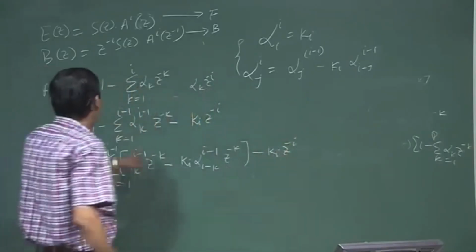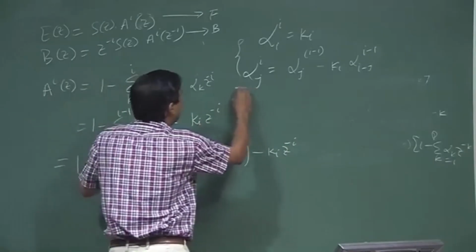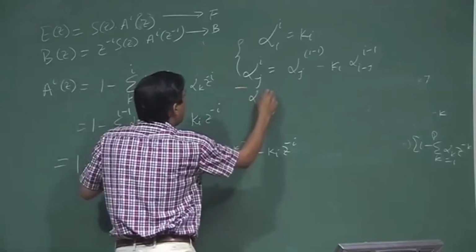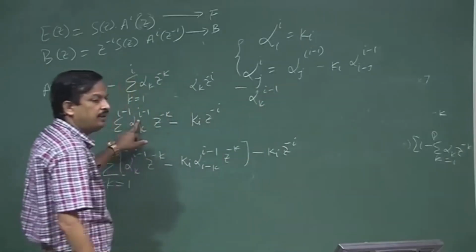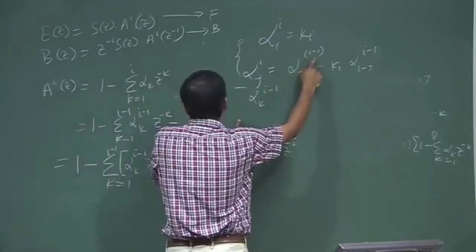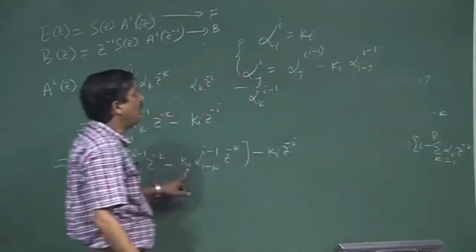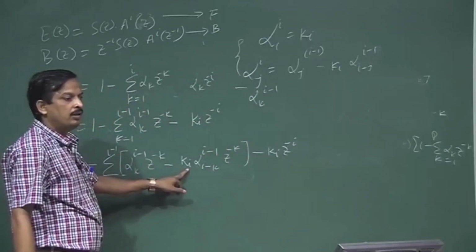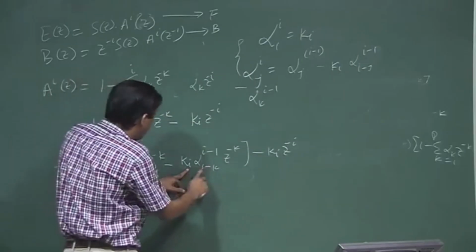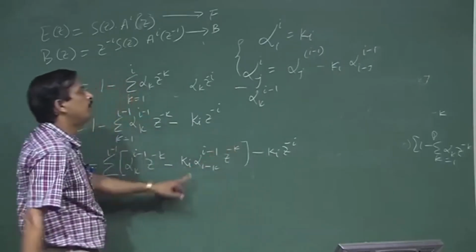Why do I write this? I write alpha k i minus 1 from here. Alpha k i minus 1 I can write in terms of alpha k i minus 1 minus k i into alpha i minus k, sorry, alpha k i minus k into i minus 1, z to the power minus k.